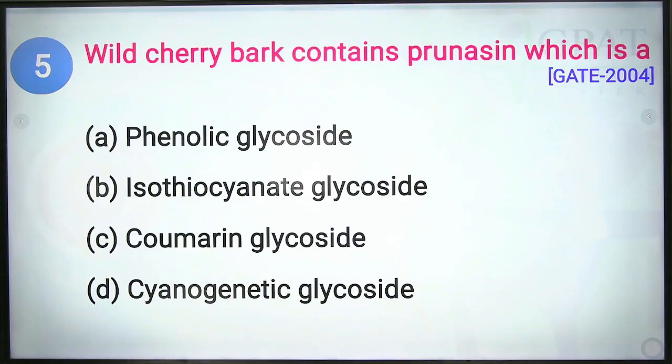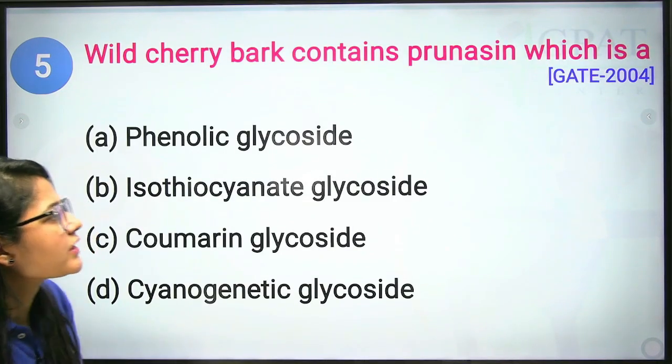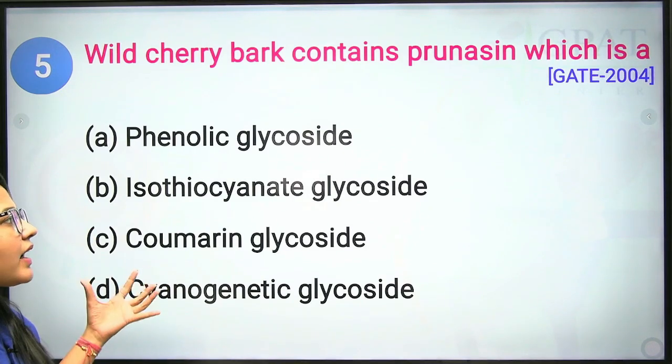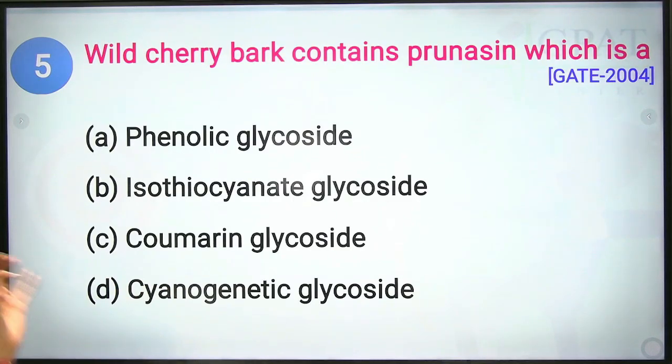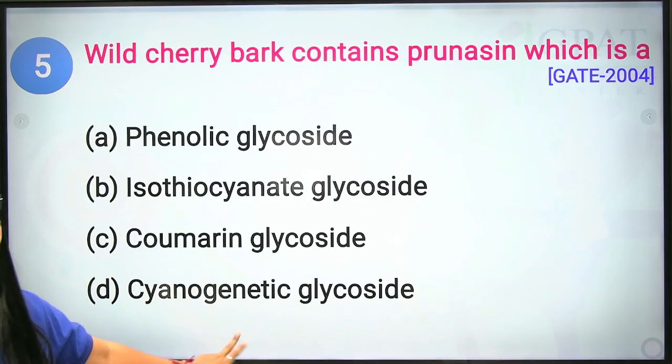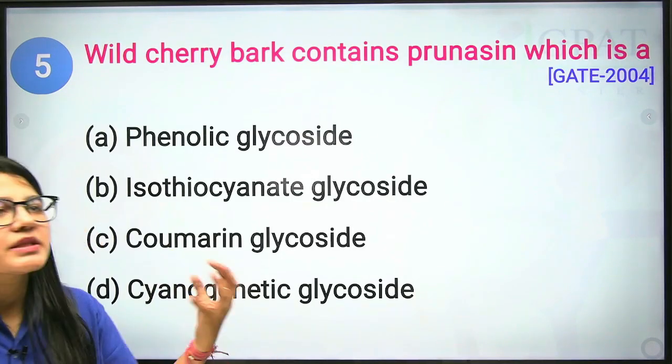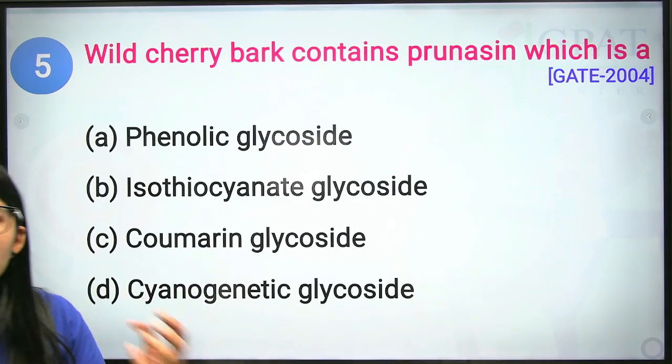Clear? Okay. Now question number 5. The wild cherry bark contains prunasin, which is a what? This is a GATE question from 2004. What is wild cherry bark containing? Prunasin is a type of cyanogenetic glycoside. Why? Prunasin releases hydrogen cyanide.